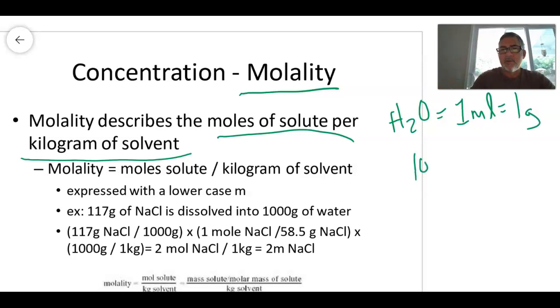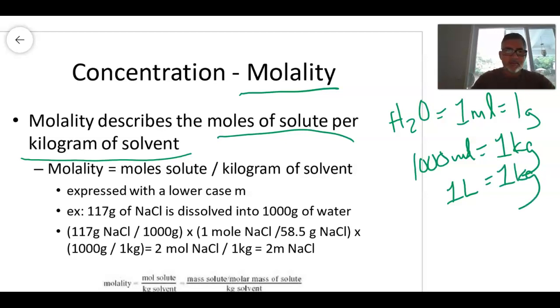So 1,000 milliliters is equal to 1 kilogram, or 1 liter is equal to 1 kilogram. So liters and kilograms for water is about the same, but it's not always water. So just important to know that.